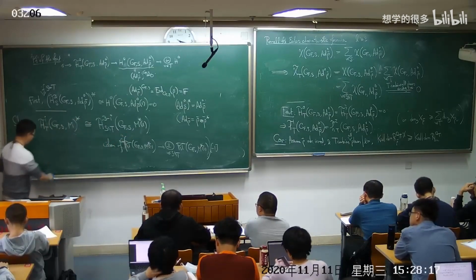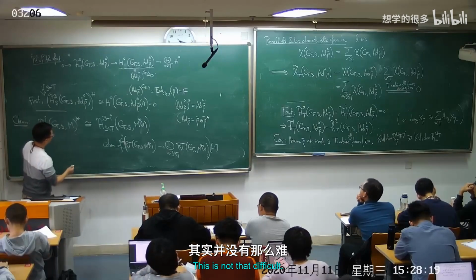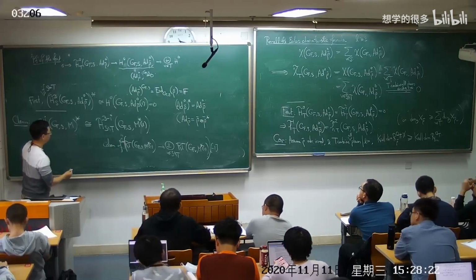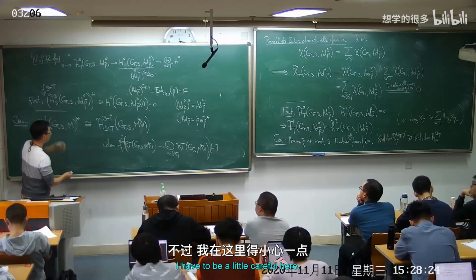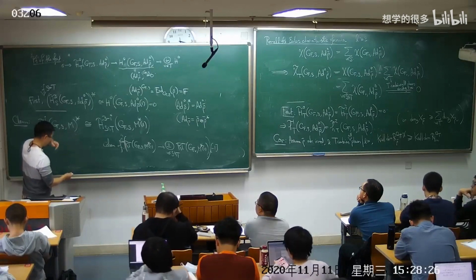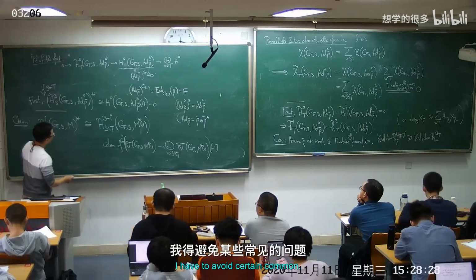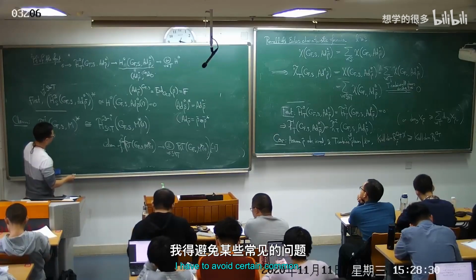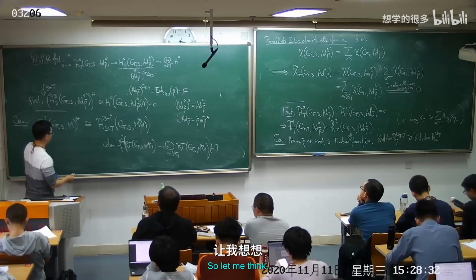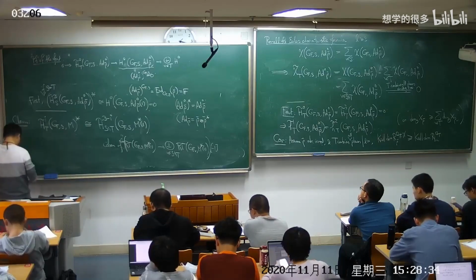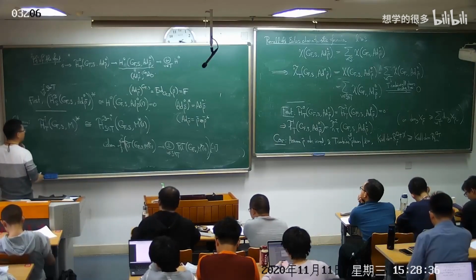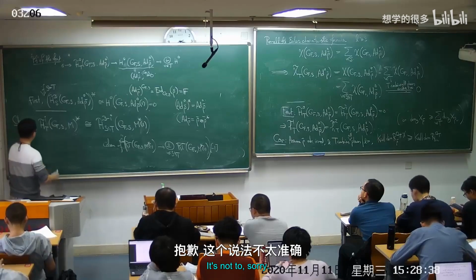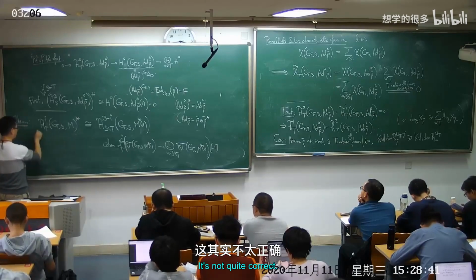Okay, so let's check this. This is not that difficult. However, I have to be a little careful here. I have to avoid certain cohomology. So let me think. Sorry, this is not quite correct.